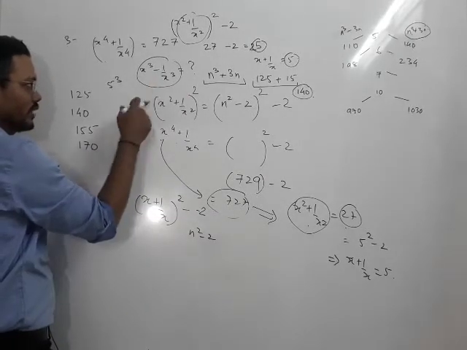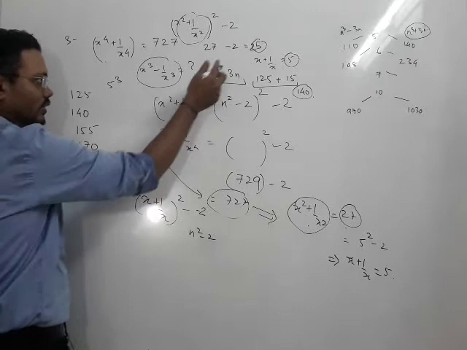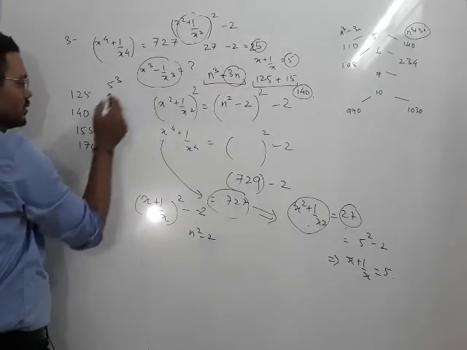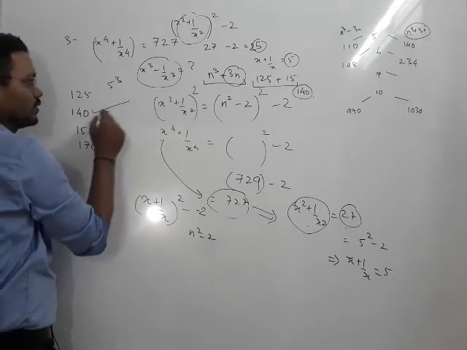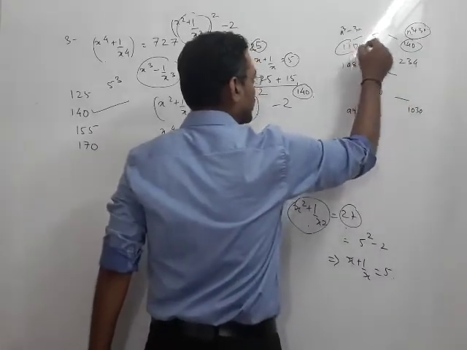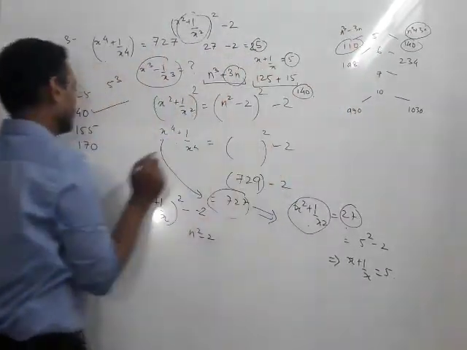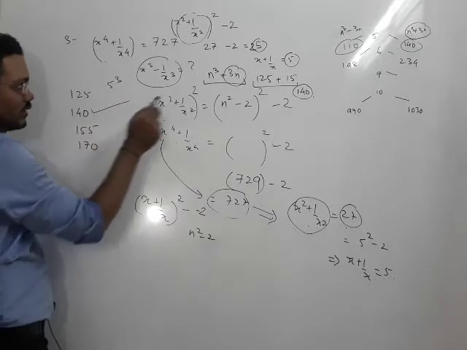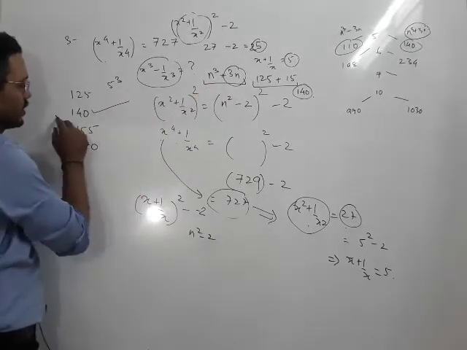I just need to see whether I have to subtract 3n or add 3n. I have to add 3n because here it is minus. So 140 is the only answer that I get in terms of 5. And when it is minus, I'll directly take 110. When it is plus n cube plus 3n, then I will take this.